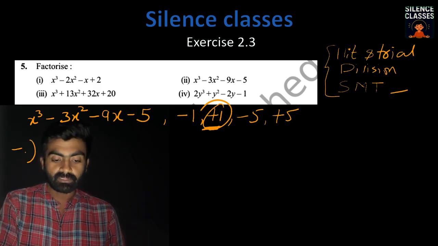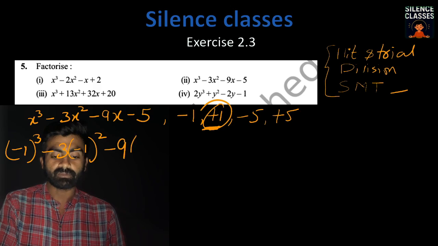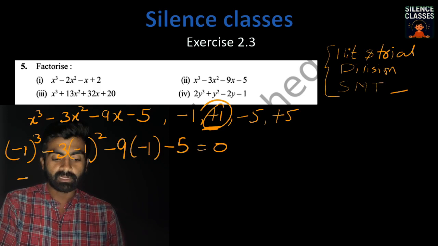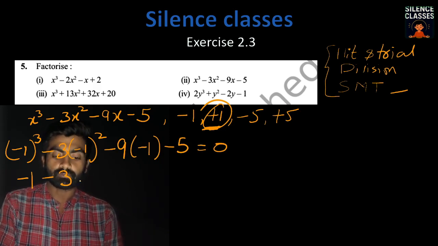Minus 1 whole cube minus 3 times minus 1 square minus 9 times minus 1 minus 5 is equal to 0. So we will get minus 1. We will get minus 3, and minus 9 times minus 1 will become plus 9, and we will get minus 5.